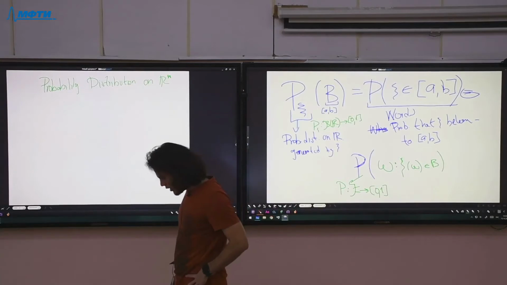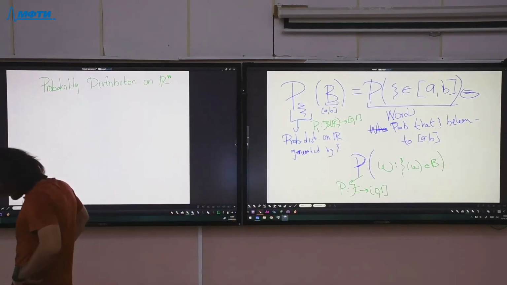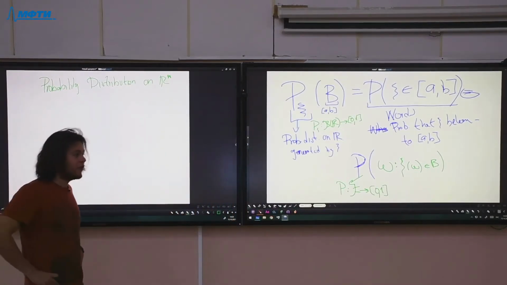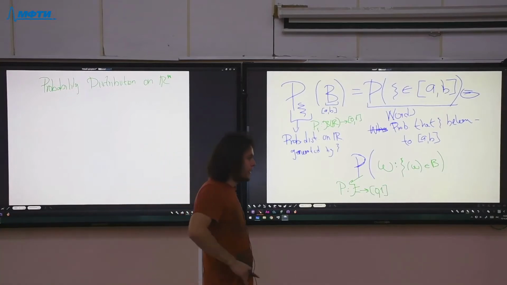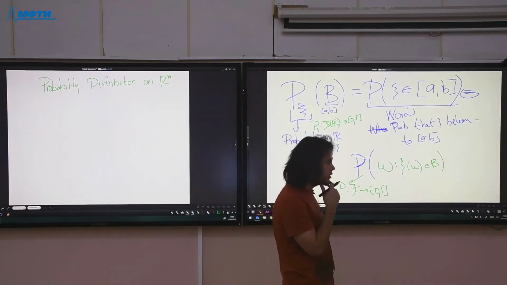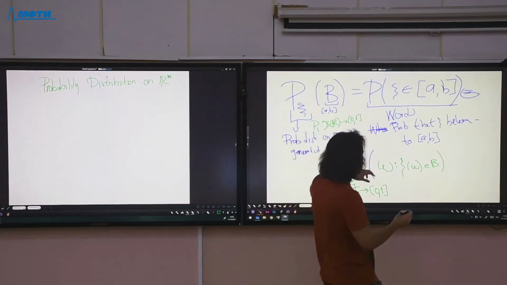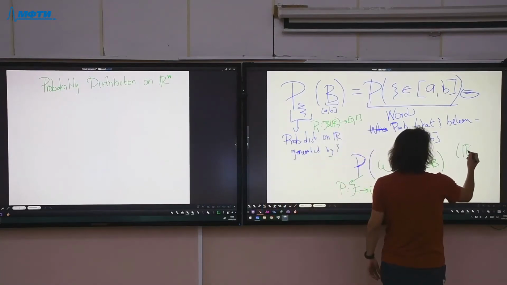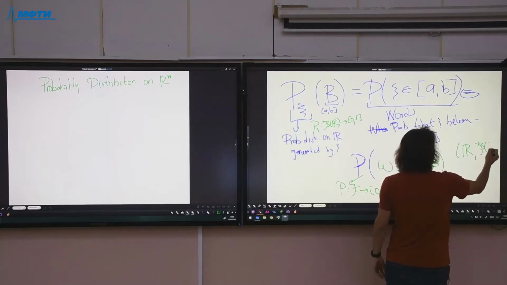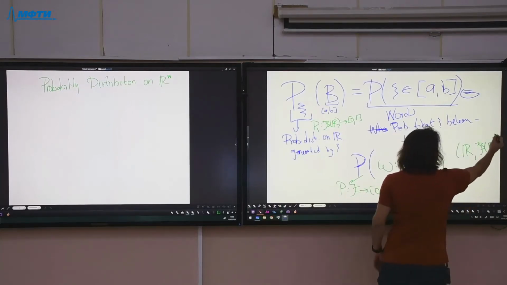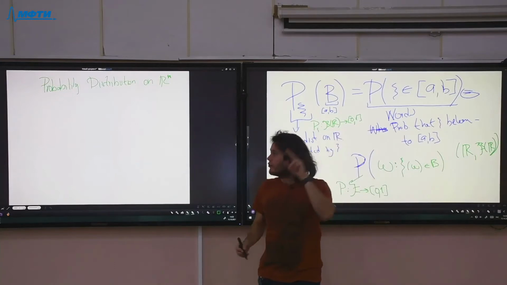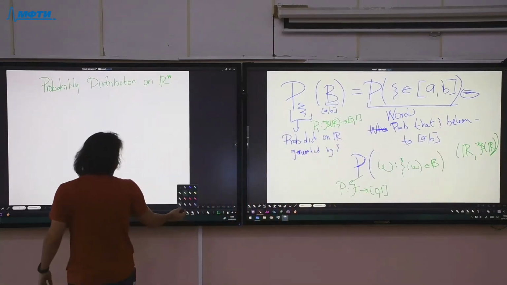So what do we have to do here? First, we have to define the space, the measurable space in which we are working. So here we had that the measurable space was what? Was R and the Borel sigma algebra on R. This is for this case. For this case, of course, we will have what?